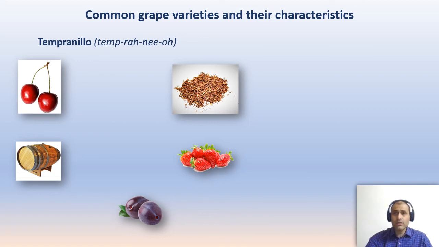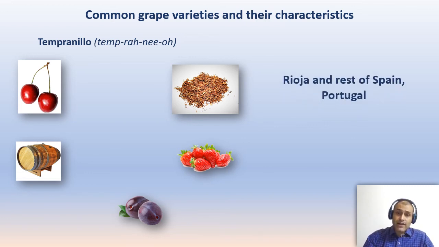It loves oak and is matured quite a bit in oak. There are certain Gran Reservas. There's Rioja, which is a region in Spain, and the rest of Spain is very famous in Spain and Portugal. Rioja is where Tempranillo really shines, and the best quality Tempranillos come from Rioja.